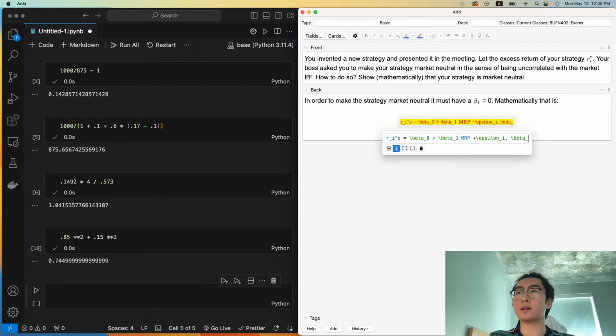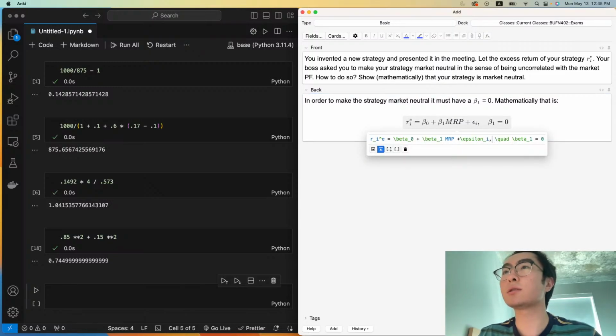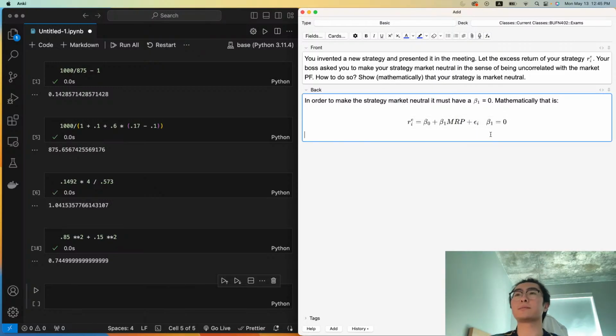Then such that beta 1 is equal to 0. Okay, so beta 1 is equal to 0. How do you do that, right?